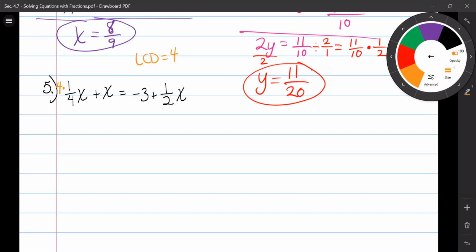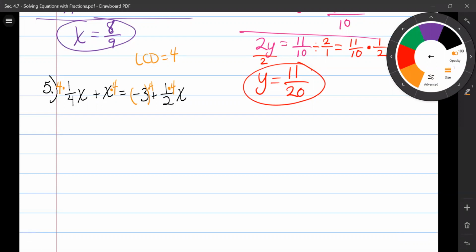And then x is the next term in the equation, and you're multiplying that by 4. So even though it's not a fraction, it still has to get multiplied because you have to do it across the whole thing. And -3 has to get multiplied by 4. And 1/2 x has to get multiplied by 4.